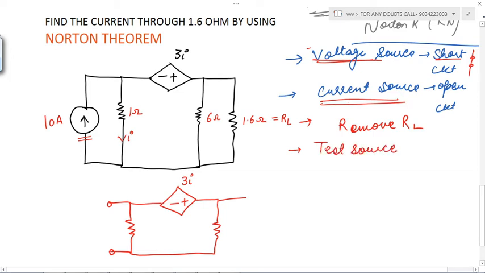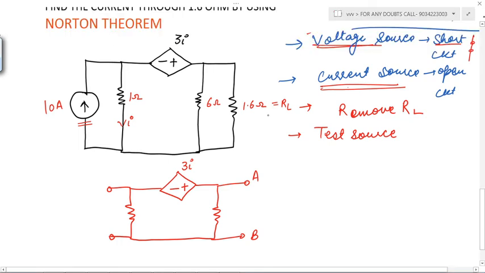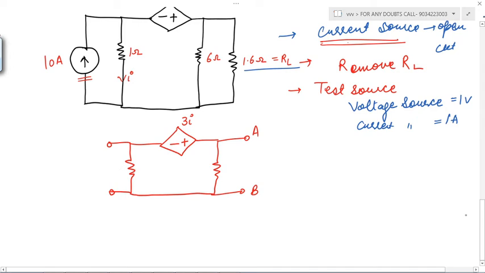After removing RL, always mark these points as the A and B terminals, and across the A and B terminals you have to place a test source. The test source can be a voltage source or a current source. If we place a voltage source, then take its value as 1 volt. If we place a current source, then take its value as 1 ampere. Clear?